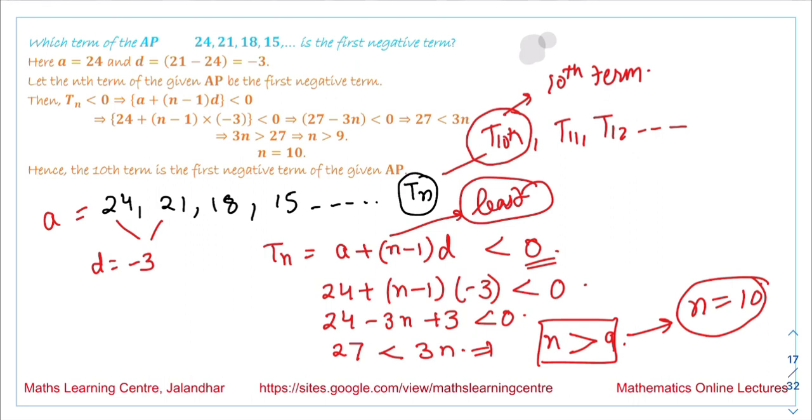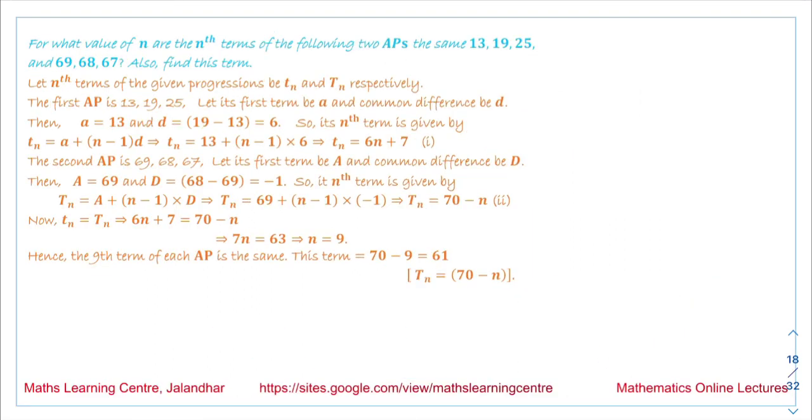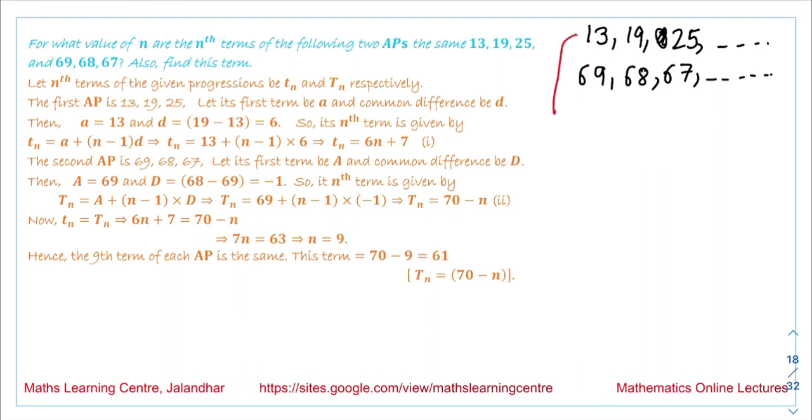Next is: for what value of n are the nth terms of the following two APs the same? These are the two APs that are given to us. It is 13, 19, 25 and so on. Second is 69, 68, 67 and so on. And we have to find for which value of n the nth term of both these APs is the same. Now for both these APs we write the nth term.